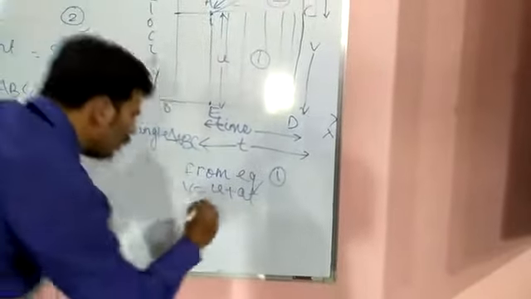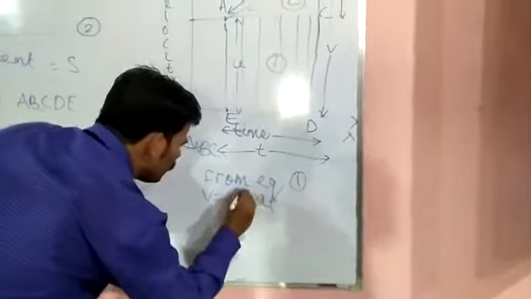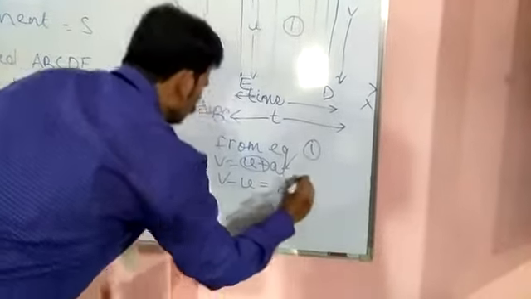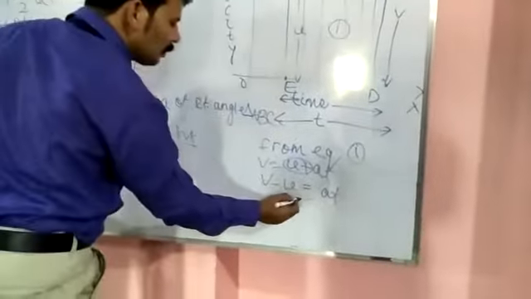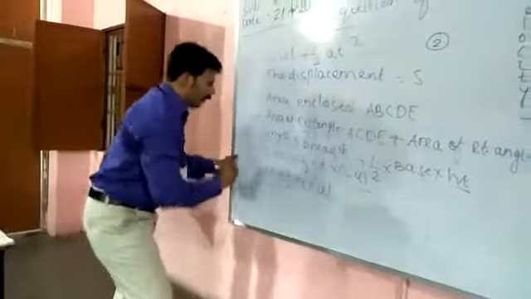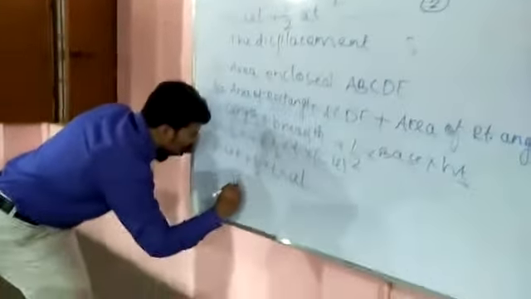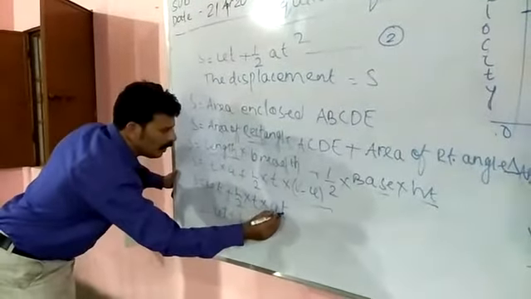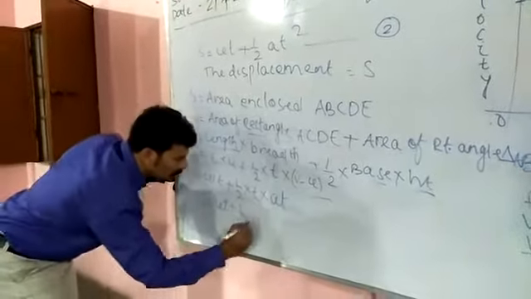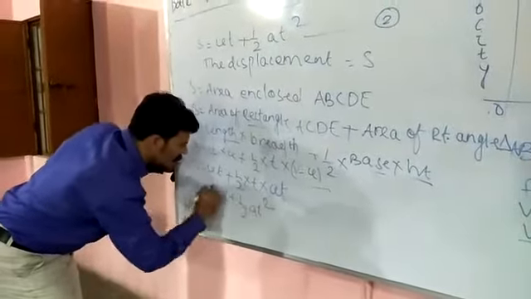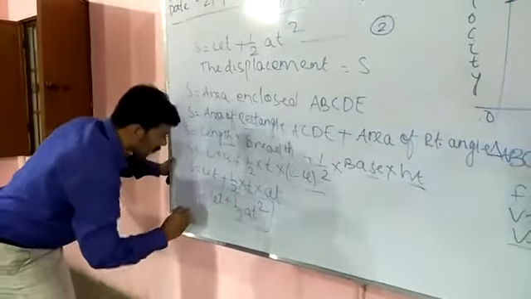Taking u to this side, v minus u is equal to at. Putting this value of v minus u as at here, S becomes equal to ut plus half a into t into t, that is at square. So this is our second equation.